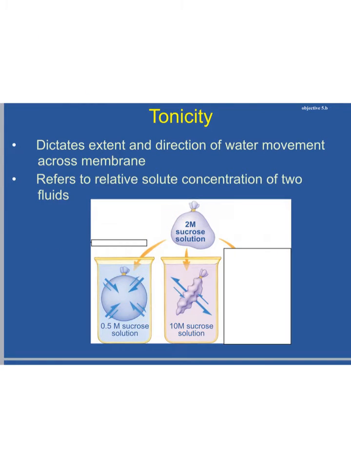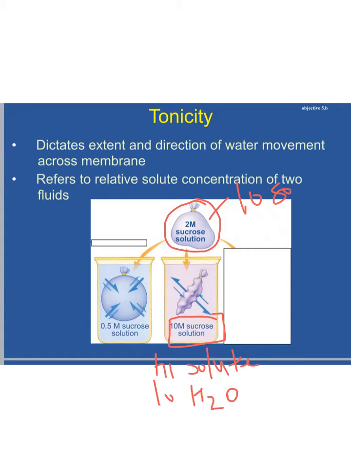So we can look at another example where again we have our bag with 2 molar sucrose, but now in our beaker we have 10 molar sucrose. So comparatively, now our beaker is high solute, low water, and our bag is now low solute, high water.